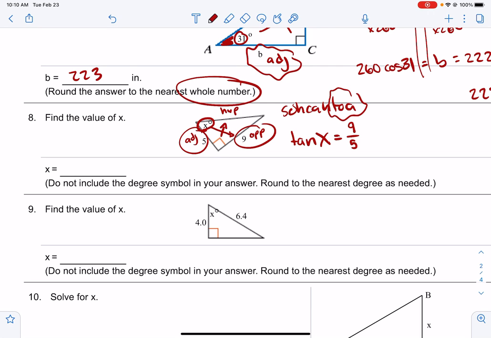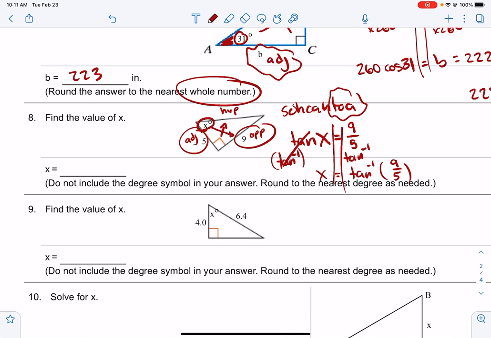Now I'm not done because it wants the value of X. And right now, X is stuck to the tangent. And remember, to get X unstuck from tangent, we have to use the inverse tangent on both sides. If I do it to the left, I've got to do it to the right. That cancels out my tangent, which leaves me with X. On the other side, I did tangent inverse of 9 over 5.